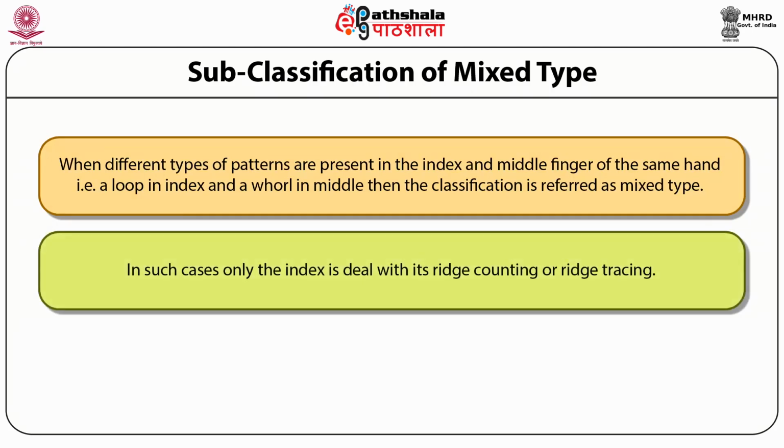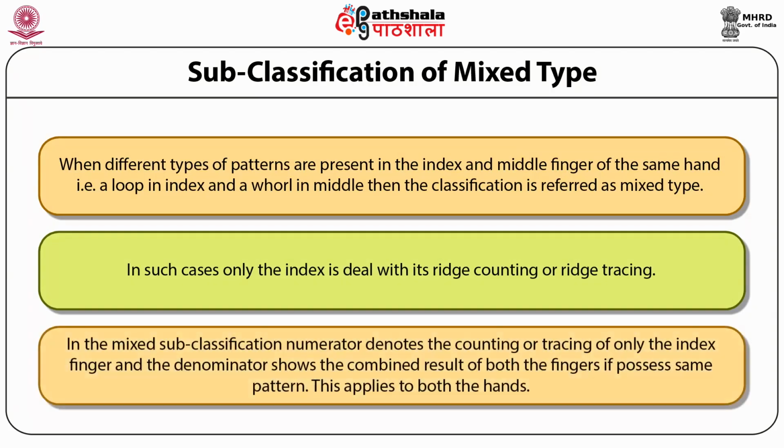In such cases, only the index is dealt with for its ridge counting or ridge tracing. In the mixed classification, the numerator denotes the counting or tracing of only the index finger, and the denominator shows the combined result of both the fingers if they possess the same pattern. This applies to both the hands.